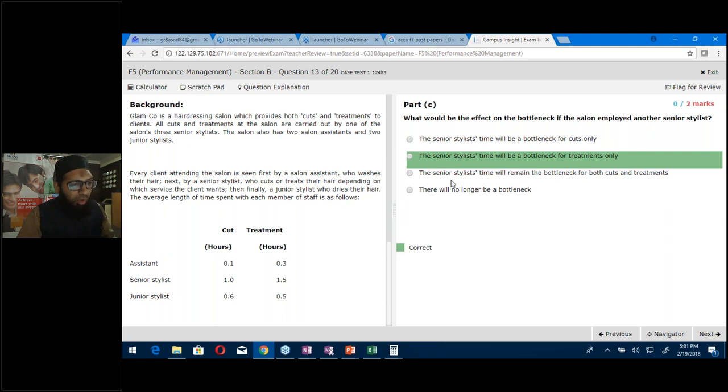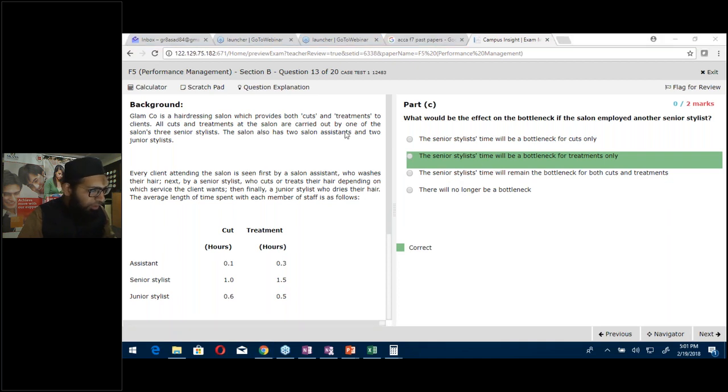What would be the effect on the bottleneck if the salon employed another senior stylist? The correct option will be B. Muattar Siddiqui has suggested, can we judge the bottleneck by directly looking at hours taken, that is 1 and 1.5?